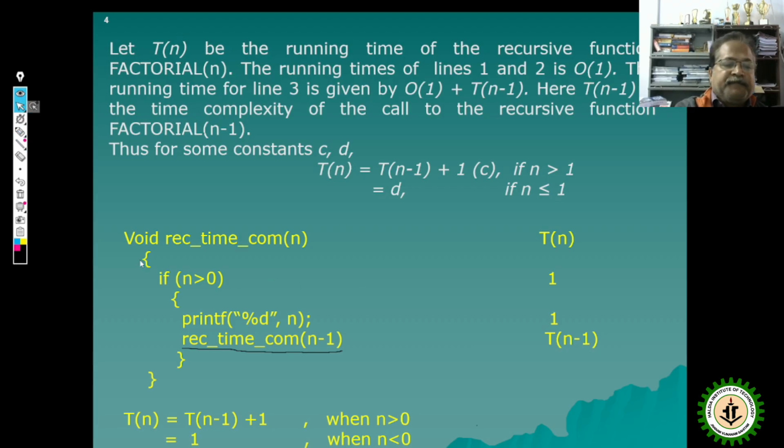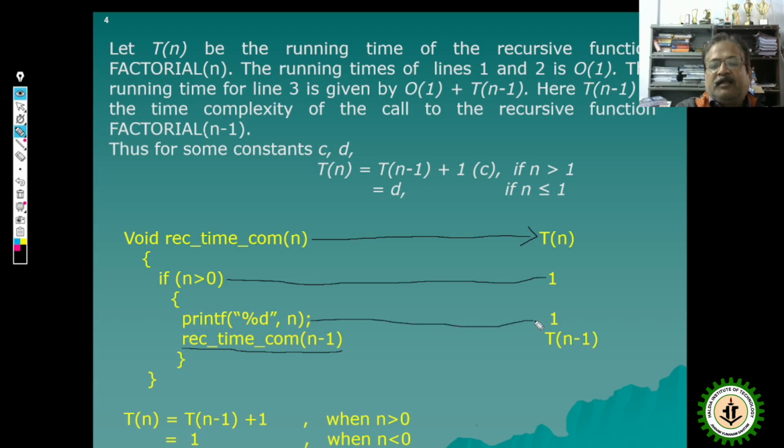How do we calculate it? This is what we call the total time, Tn. Total time Tn, because this will give you the total time. Now to evaluate, every statement needs at least one certain clock pulse. So this is 1, because it checks n is greater than 0, so 1 stroke.